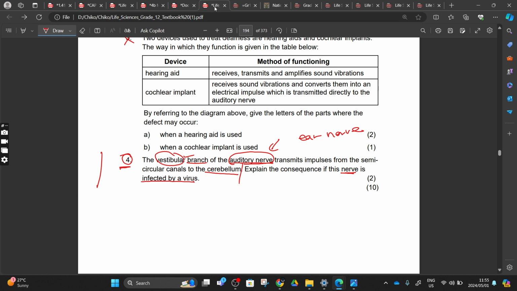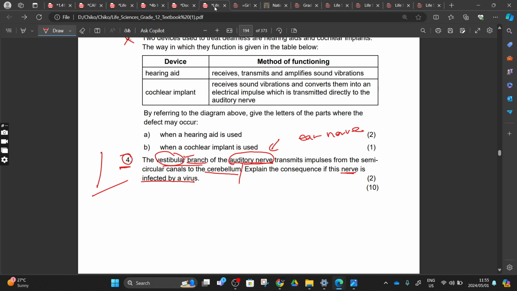This nerve here is responsible for transmitting the impulse of hearing to our cerebrum, right? But here you can see that they branch, vestibular branch and cochlear branch, and name them auditory nerve. I'm not sure. If you don't get this, go and watch back my videos and see what I'm talking about, right?